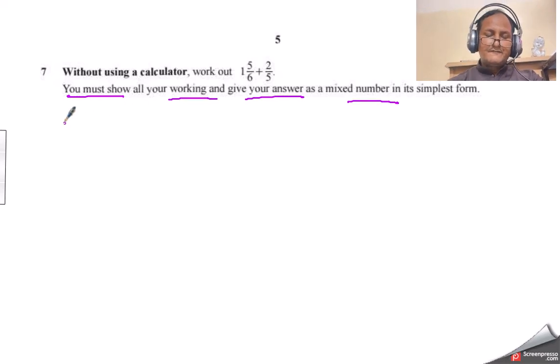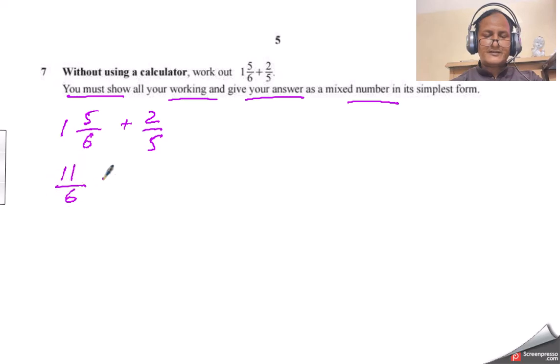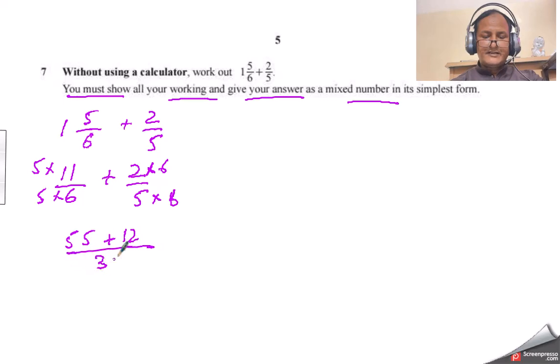We have 1 whole 5 by 6 plus 2 by 5. If we change the mixed number to an improper fraction, it gives us 11 by 6 plus 2 by 5. We make the denominators the same, which gives us 55 plus 12 over 30, which is 67 by 30.